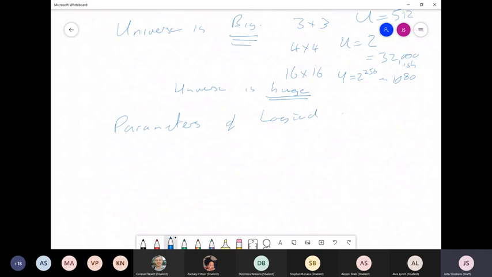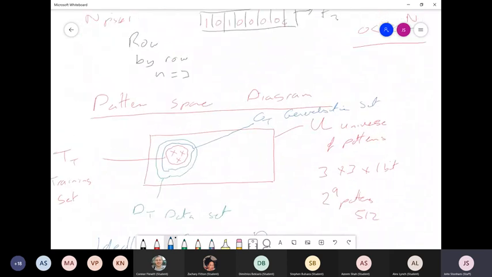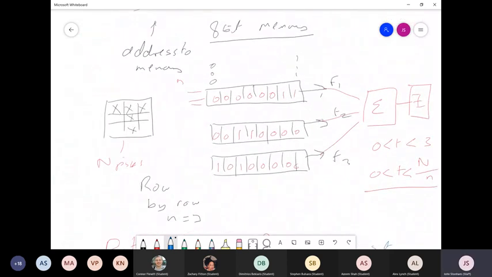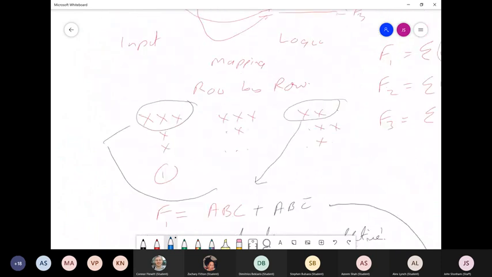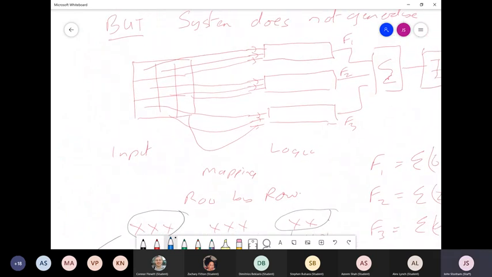Right. Parameters of the logical net. And the first one I want to look at, and I've spent a bit of time on this, is the mapping. If you go back to the diagram, that's the one I had there.